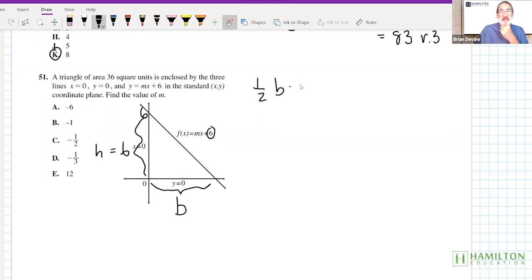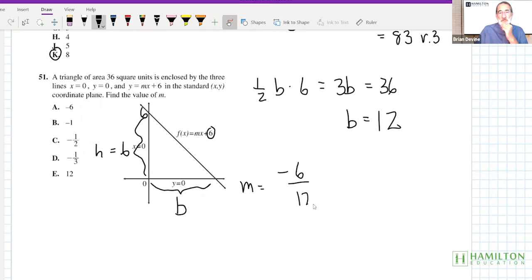So 1/2 base times the height, which is 6, means that 3b equals 36. So b must be 12, which means that the slope must be -6 over 12, which equals -1/2, which is C.